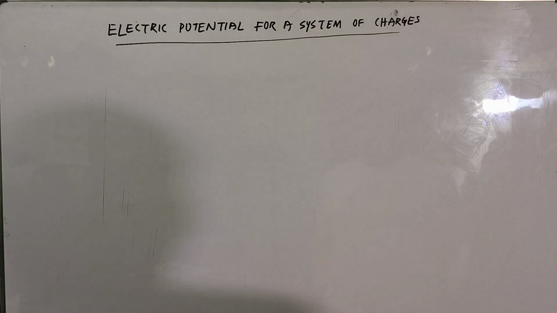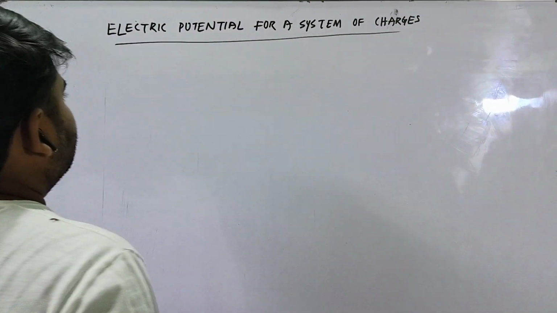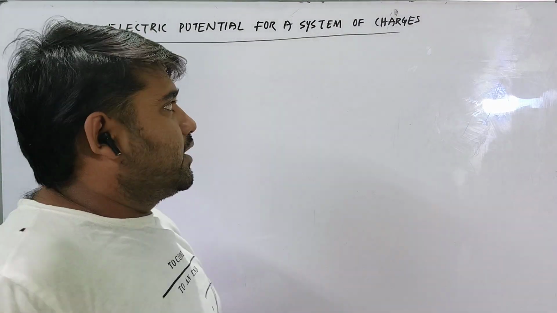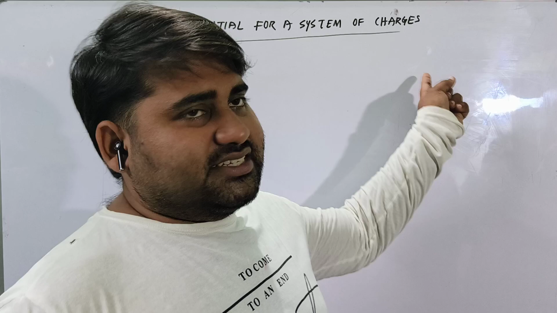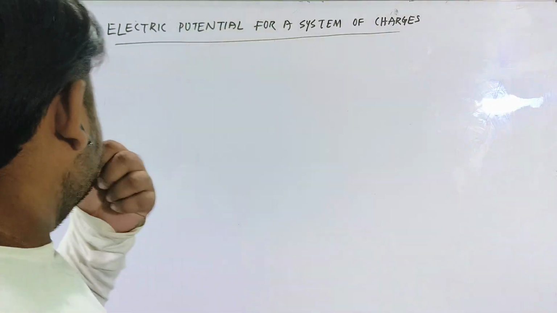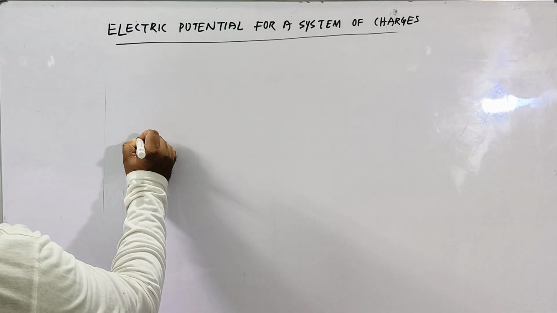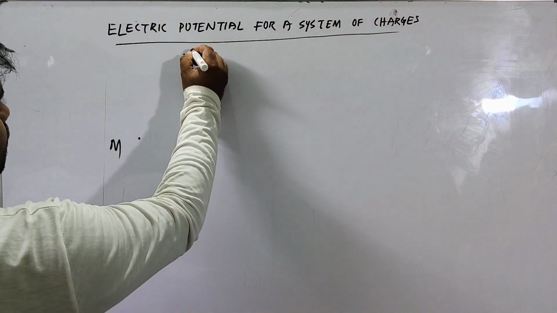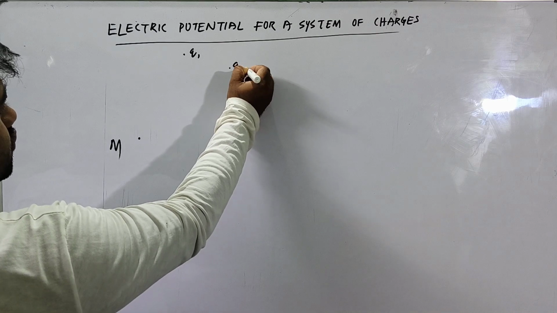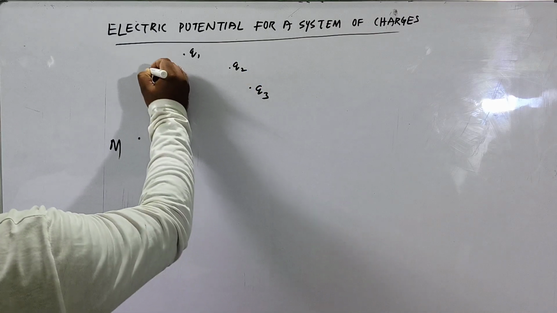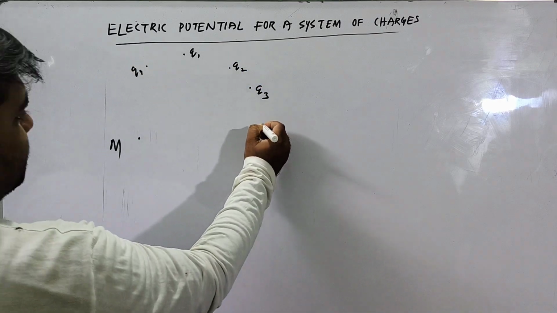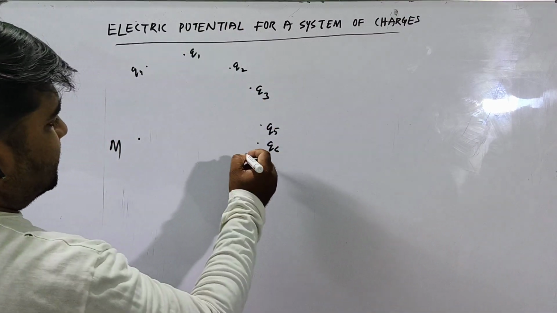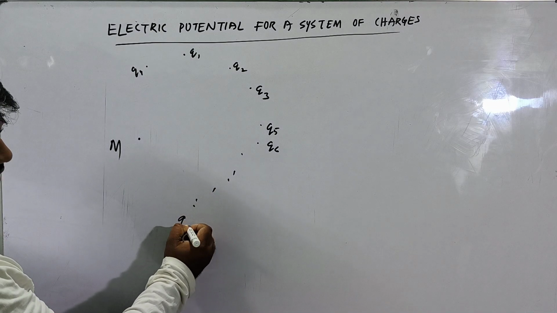First of all, you have been given a system of charges and you are going to calculate the potential of these charges at any given point. Let this point be M, and Q1, Q2, Q3, some random arrangement of charges, Q6, so many charges, and you just extend it to Qn.